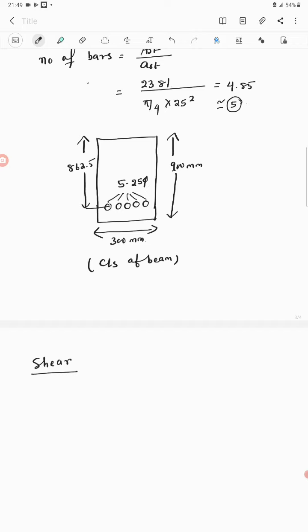Then we'll decide whether we need to provide the shear reinforcement or not.